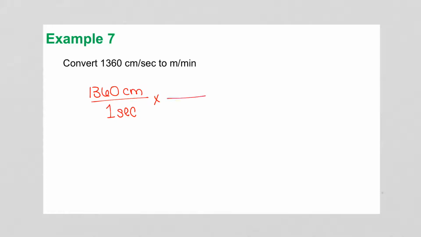Taking seconds to minutes, we know that there are 60 seconds, which needs to go on top so the seconds can go away, in 1 minute. And centimeters to meters, we know that there's 100 centimeters, which needs to go on the bottom, in 1 meter.